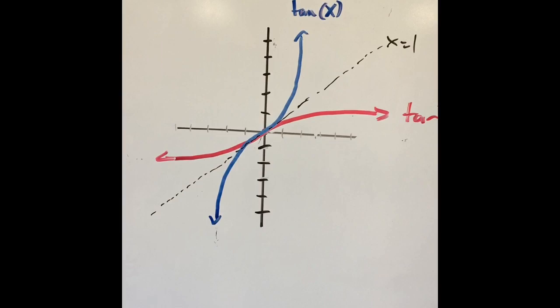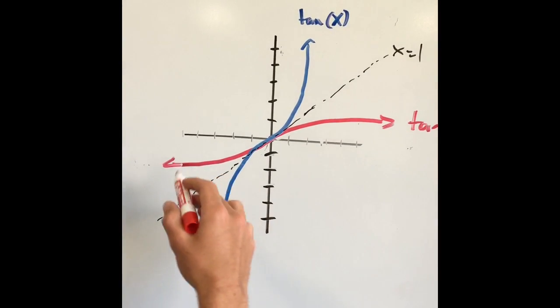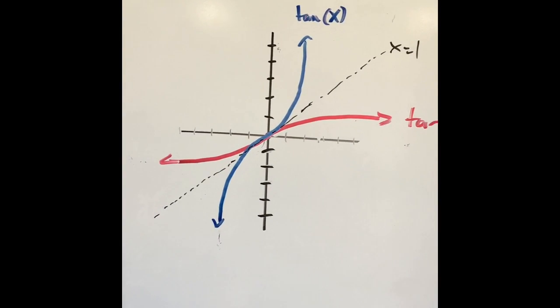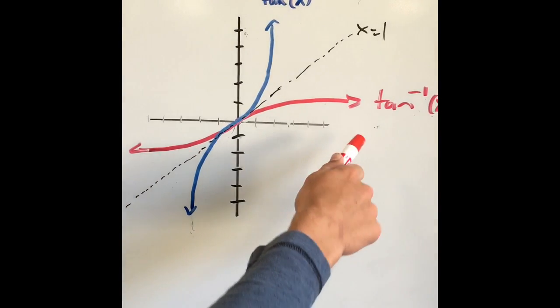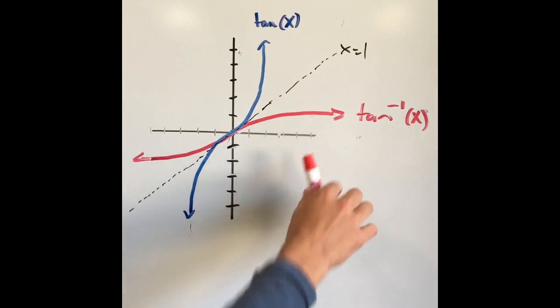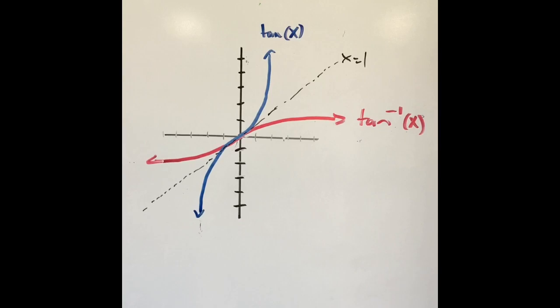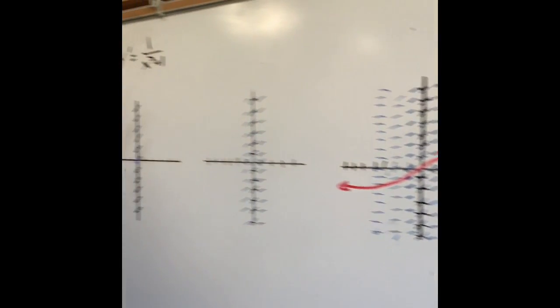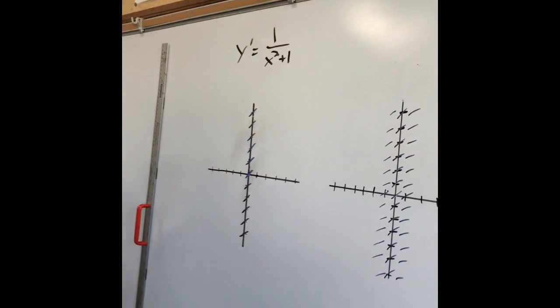And those are reflected over the line x equals 1, and it looks like we've pretty accurately found our antiderivative of our original equation, which was 1 over x squared plus 1.